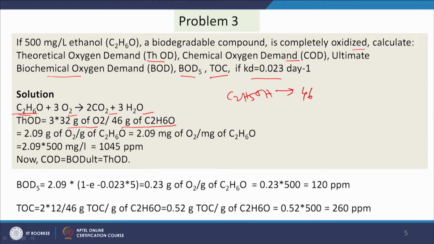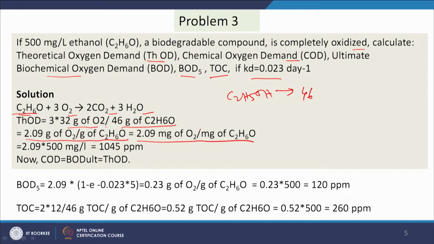By solving this we get 2.09 gram of oxygen per gram of C2H5OH. So, we can write 2.09 mg of oxygen per mg of C2H5OH, because this is gram per gram, so mg per mg will be the same.